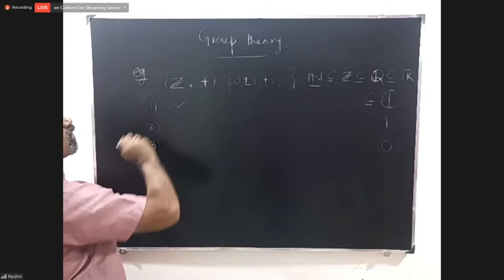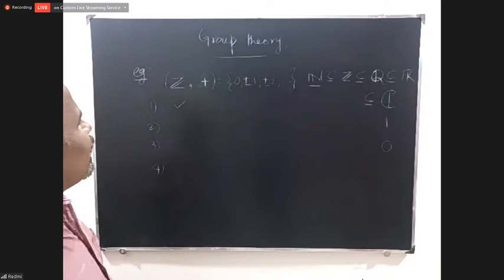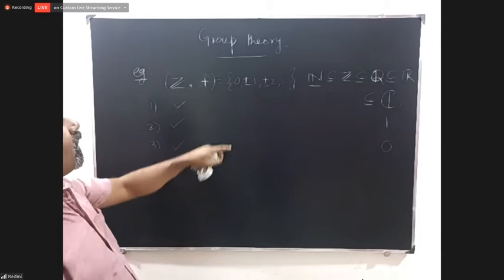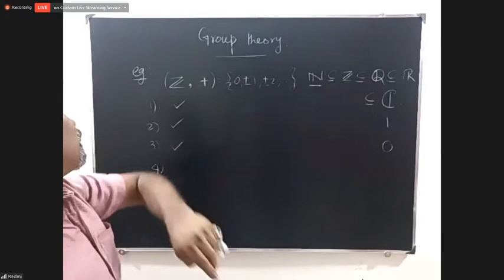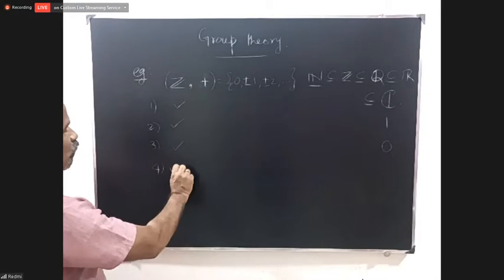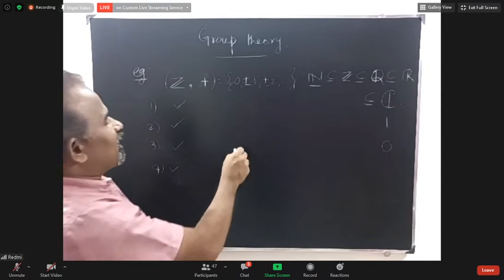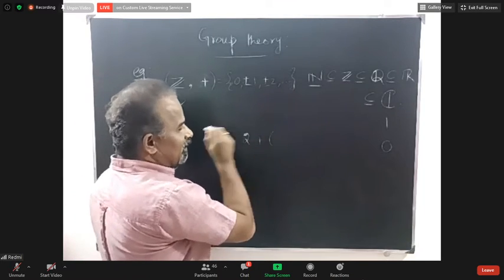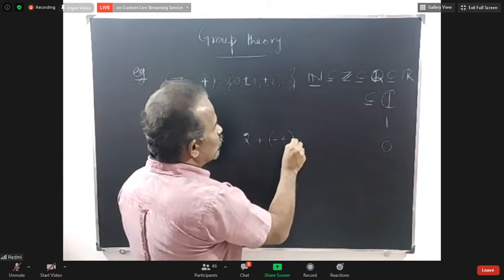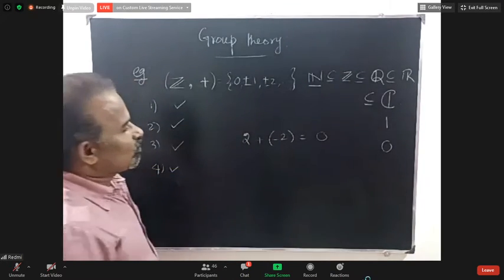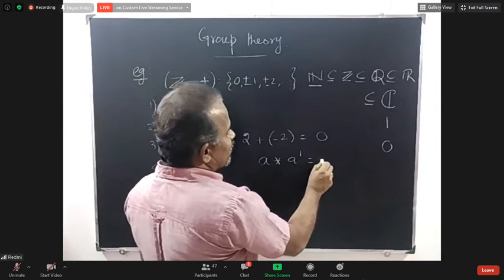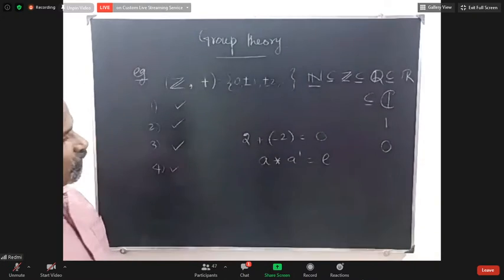Therefore it is closed with respect to addition. Number two, associativity is there. Number three, additive identity 0 is also there. Number four, for each element, suppose you take 2, plus its inverse minus 2 is equal to 0. So A star A dash is equal to identity.